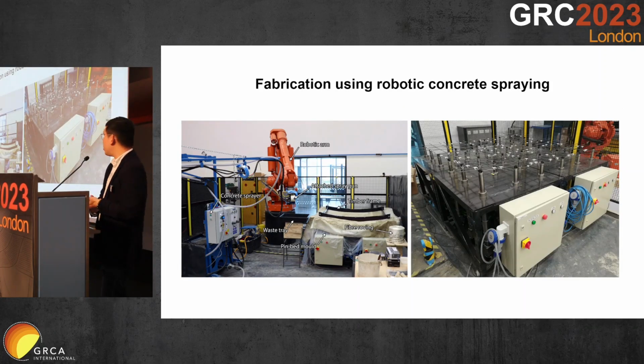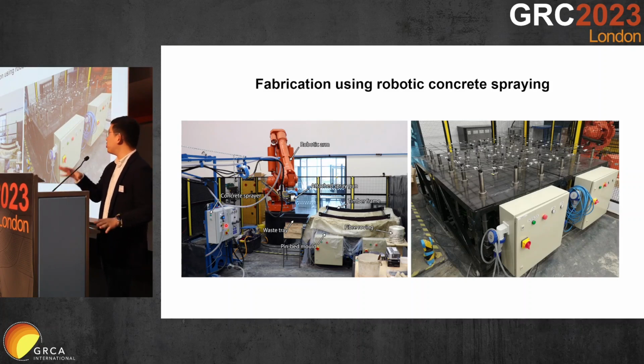The fabrication using robotic concrete spraying, we're demonstrating through a small scale setup. Here is a picture of the laboratory setup, which involves, over on the left, a concrete sprayer that sprays glass fiber reinforced concrete, attached to a 6-axis robotic arm, which is able to move the end effector as we want it.